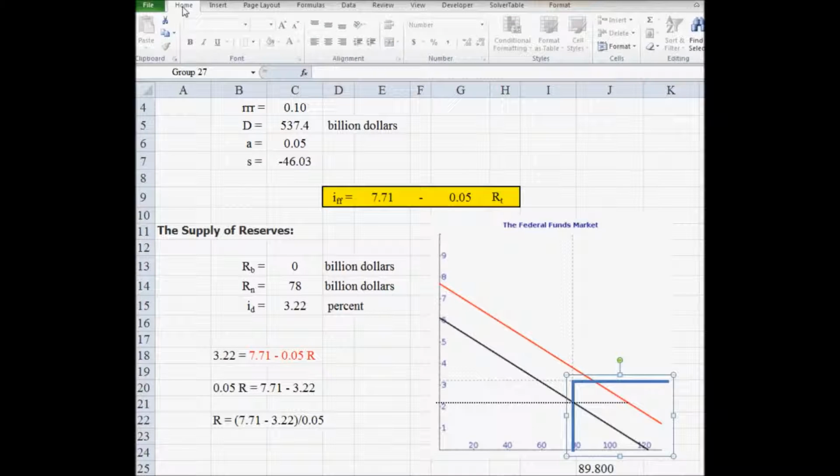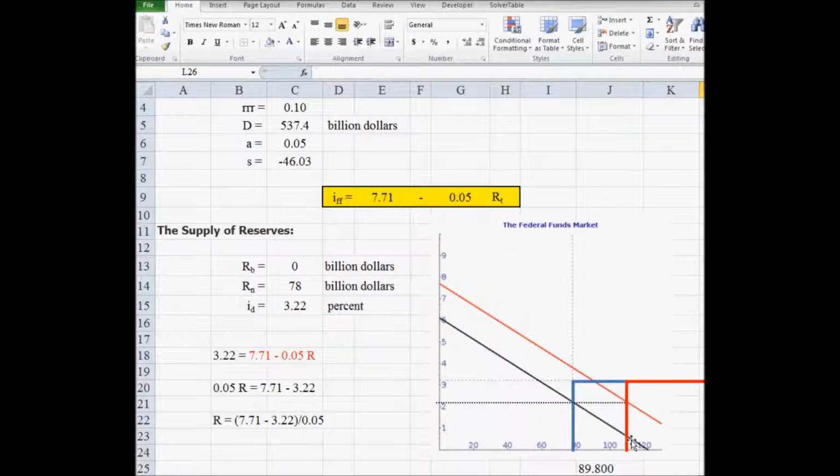Since the federal funds rate is greater than its target, to get the federal funds rate back down to its target, we have to do an open market purchase. The size of the open market purchase is the difference between this value at the new supply curve and this value at the old supply curve.